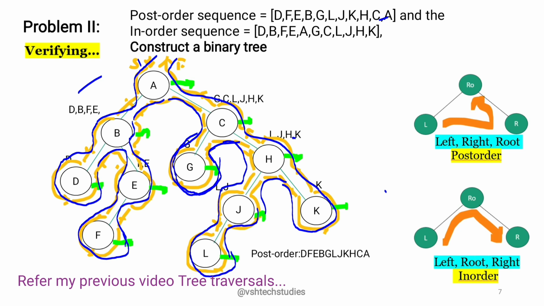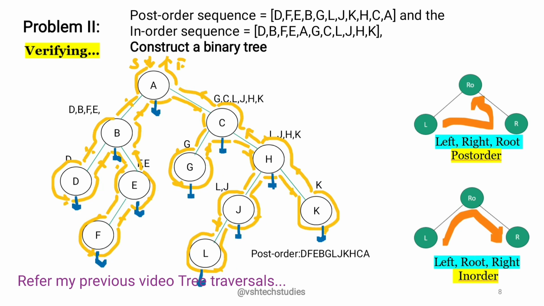Next we shall find out the in order sequence. For in order sequence, the path of movement is the same, but this time we consider the down arrow for each node. This procedure I have already covered, you can refer to my previous video.